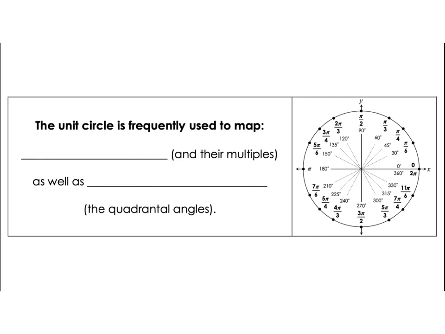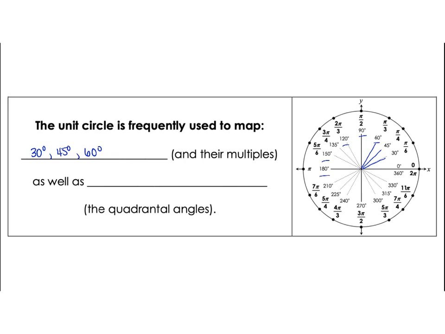So now that we know how the coordinates relate to this unit circle with a radius of 1, what we need to do to put this all together is to know that the unit circle is used to map the angles of 30 degrees, 45 degrees, and 60 degrees, and their multiples. As you can see on the unit circle, we've got 30 degrees, 45 degrees, 60 degrees, and their multiples. So multiples of 30: 30, 60, 90, 120, 150, 180.